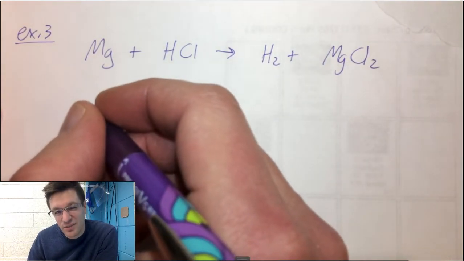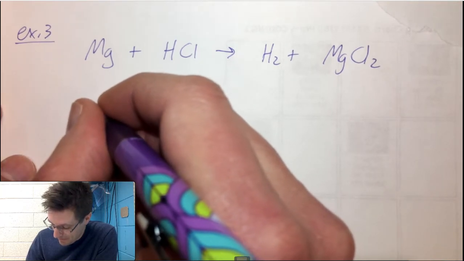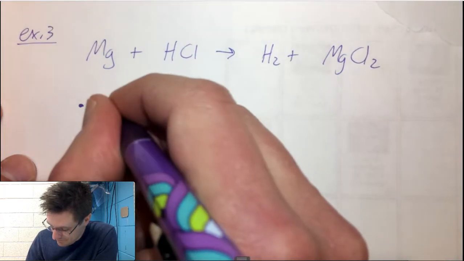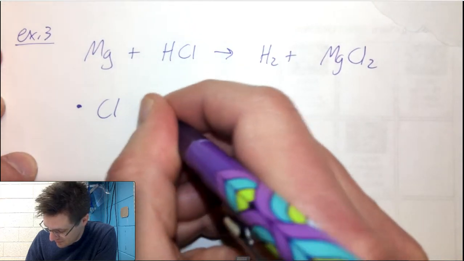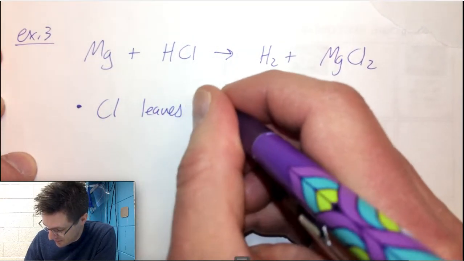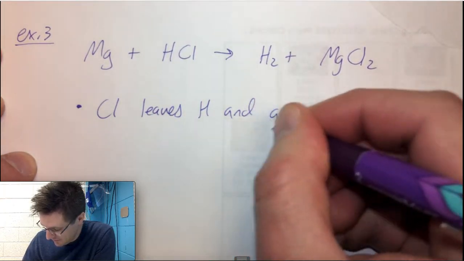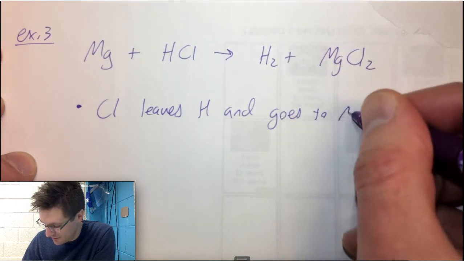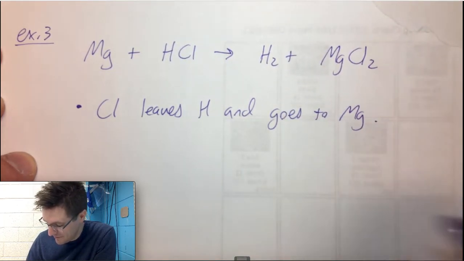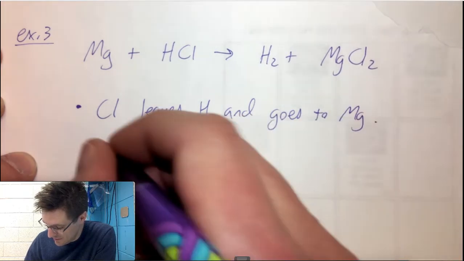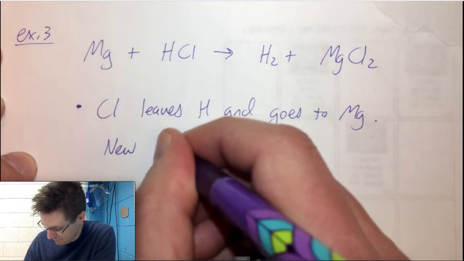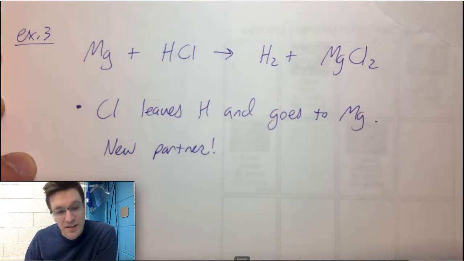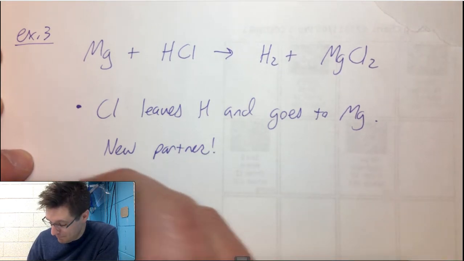It's kind of like, it's a switch, right? Cl leaves H and goes to magnesium. Got a new partner, okay?